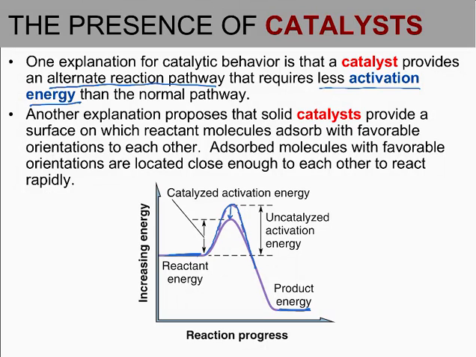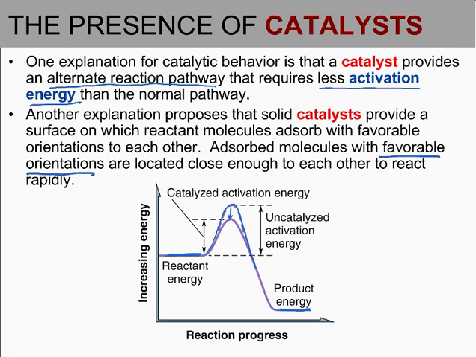The solid catalyst would help the carbon monoxide and the oxygen properly face each other so that the carbon is lined up with the oxygen. And then any adsorbed molecules with favorable orientations that are located really close to each other will react.